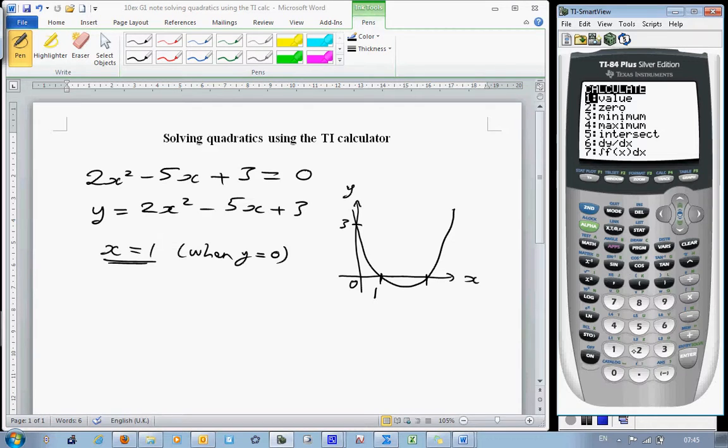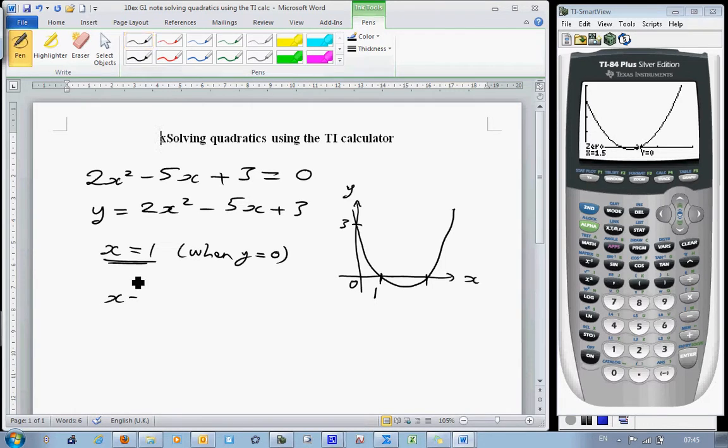Go across to the other side of the intersection point, enter, and then enter for a guess. And you have x equals 1.5 when y equals 0. You don't really need to write that, but it's just being a little bit clearer of what's happening. So this is 1.5.